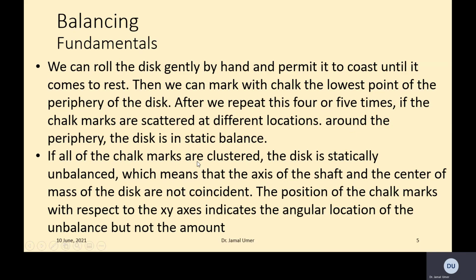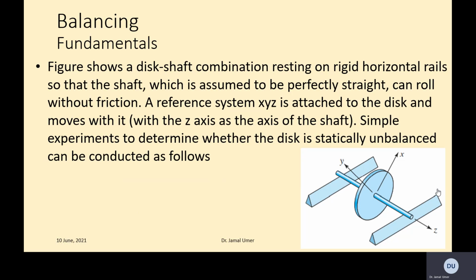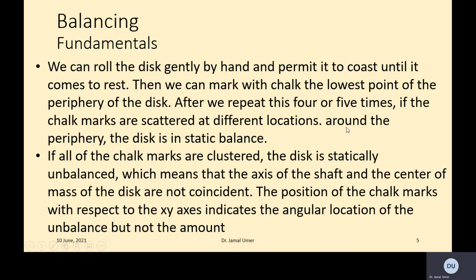Scattered means we have chalk marks somewhere here, somewhere here, so it comes to rest at different positions around the periphery. That is called static balance.